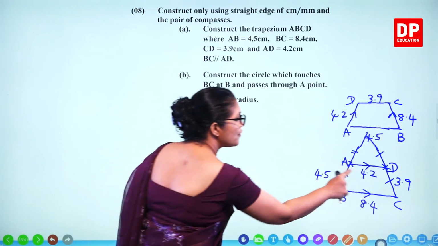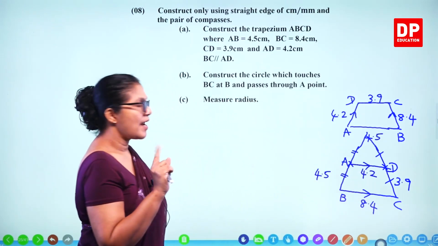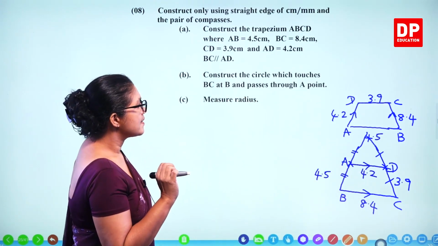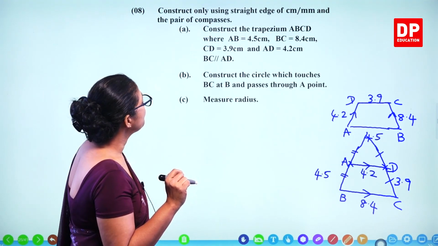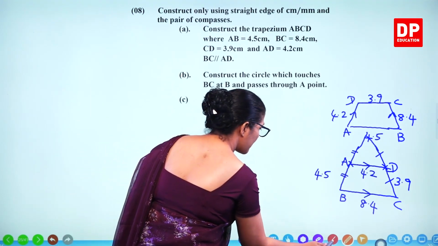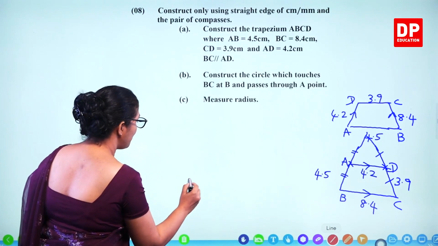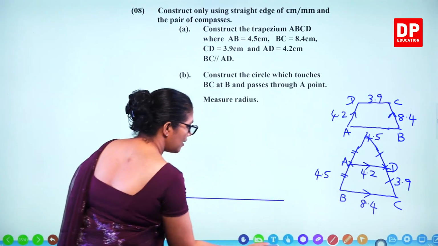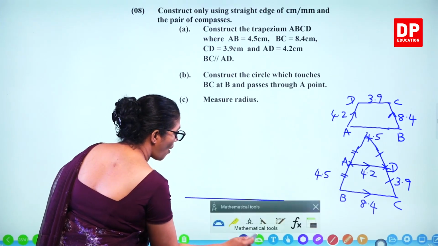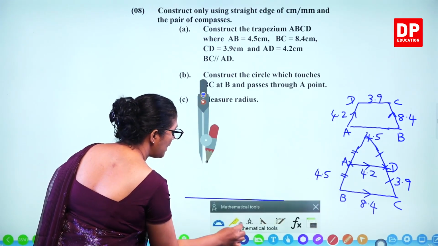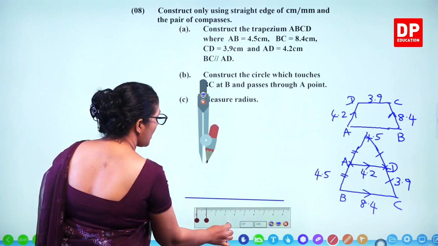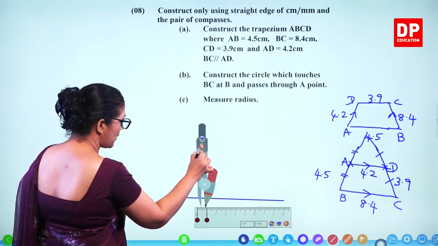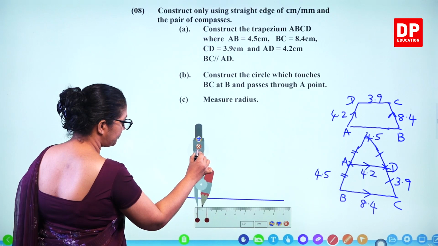Because this is double this, you can use that property. So that's the easiest way to draw. So we'll take the ruler and first draw a line. That's BC. So we can take the compass and the ruler. 8.4. That's the first step you can do.